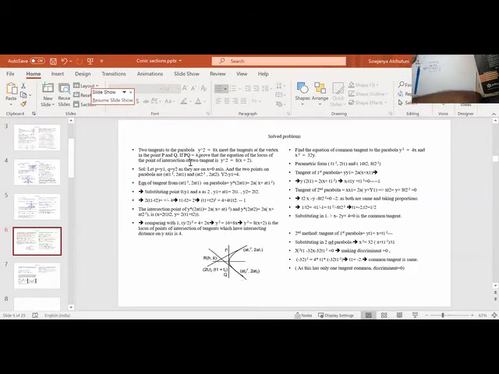So this was a slightly difficult problem in this chapter, but let us understand clearly. What we have done is put it into parametric form, and we put x as at square and y as 2at. Y1 is 2a t1. Y2 is 2a t2.